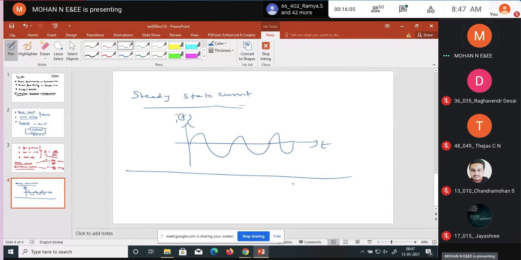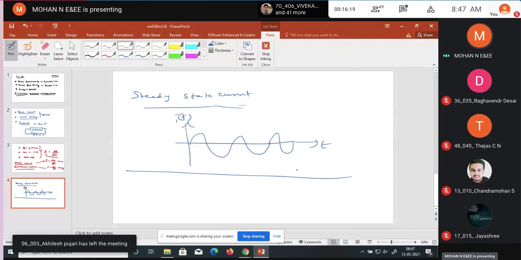What you have to understand here is the composition of the current and its flow and its definition, and also you should check whether it is following some of the laws or not.